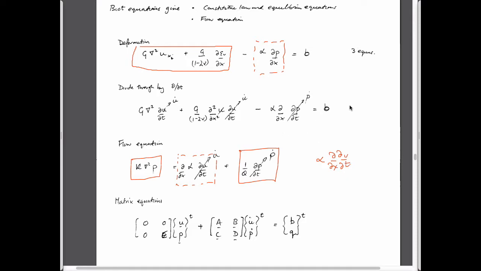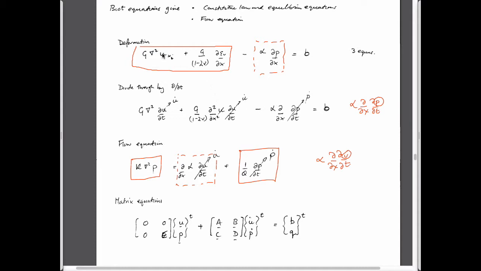And this term here ends up being alpha times rate of change in space times change in pressure with time. So the terms are identical to each other. The only thing that differs is the magnitude of the dependent variable that we're operating on.